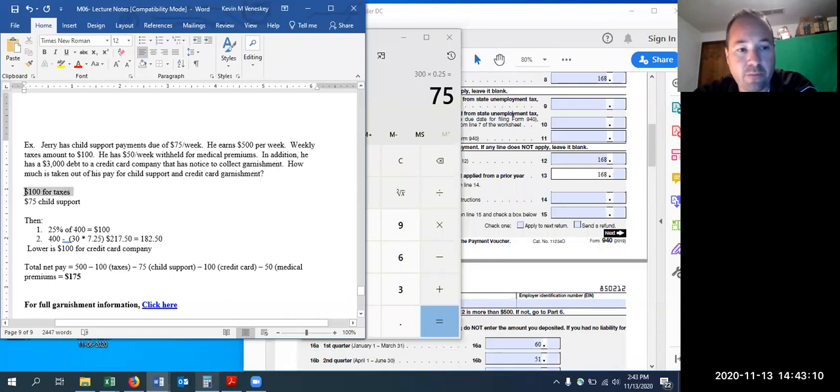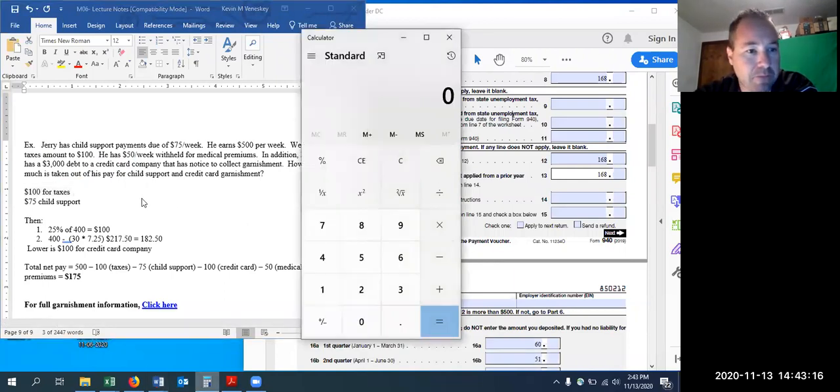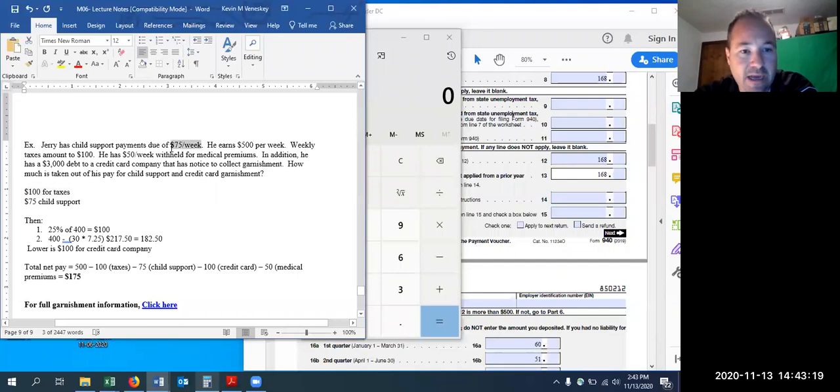All right, so we have 100 bucks taken out for taxes. It says here they already calculated the 75 for child support. I didn't even have you calculate that. Child support taken out, 75 bucks. And then what I wanted you to figure out is how much the credit card company can garnish him until the 3,000 is paid off.